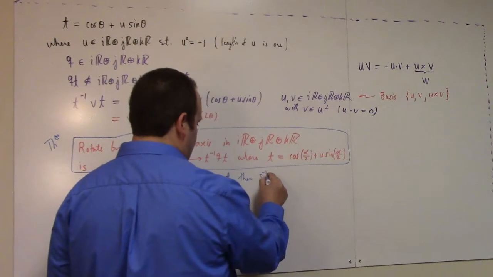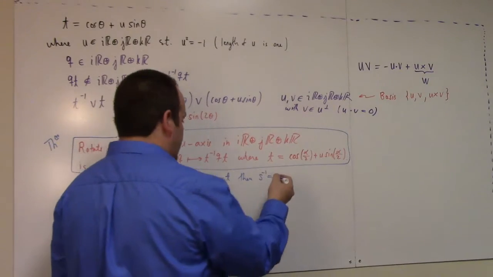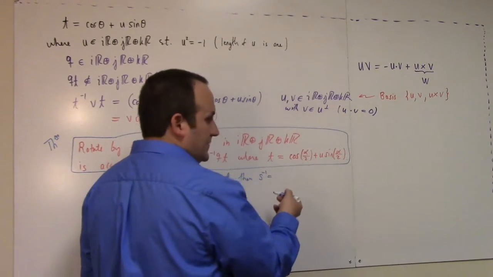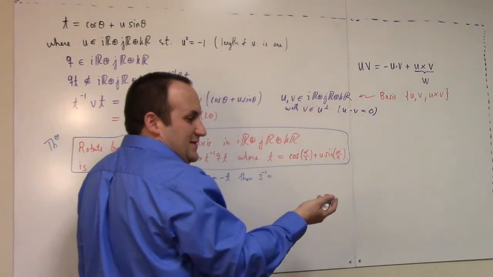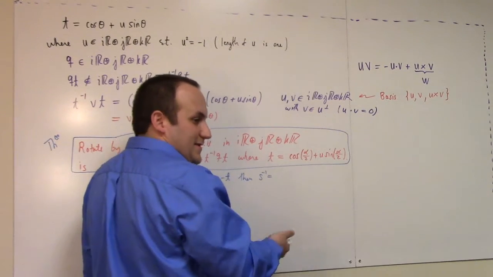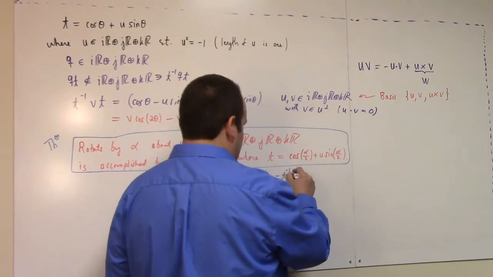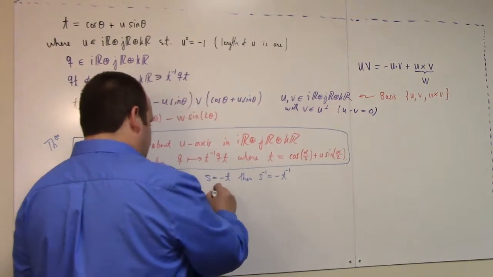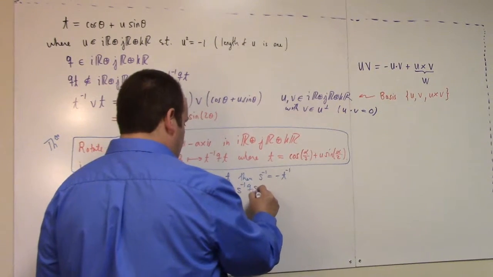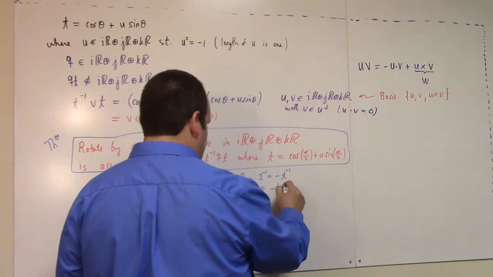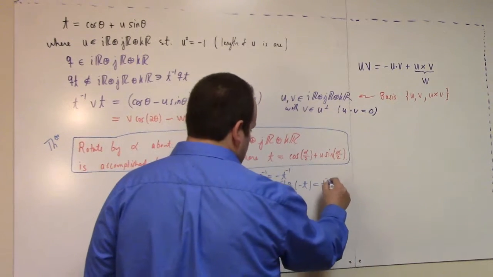It's the same as with real numbers: if you have 1/3, the multiplicative inverse of minus 3 is minus 1/3. So S inverse is just minus T inverse. And so if we look at Q maps to S inverse QS, we get minus T inverse Q minus T, which is T inverse QT.